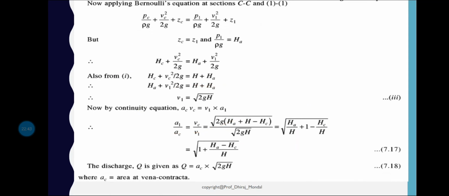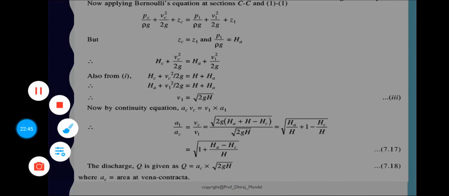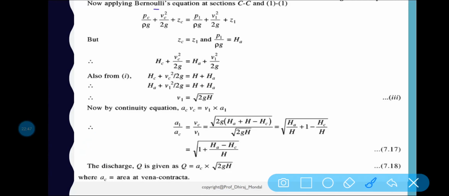Now if I apply Bernoulli's equation between CC and section 1, then again we can write this, with Z equal to Z1 and P1 by rho g equal to the atmospheric pressure head.